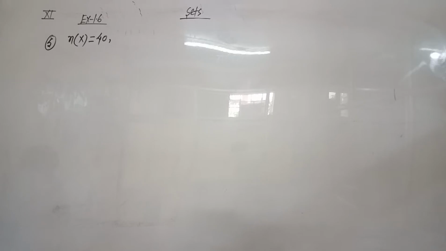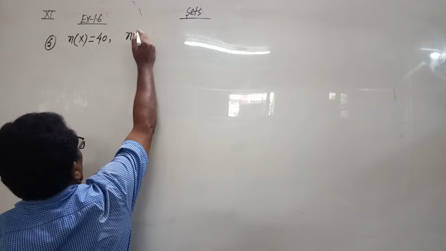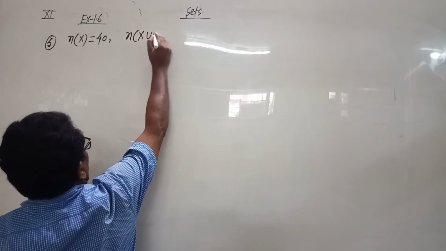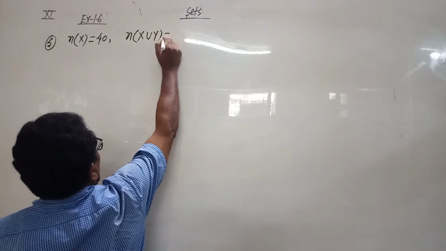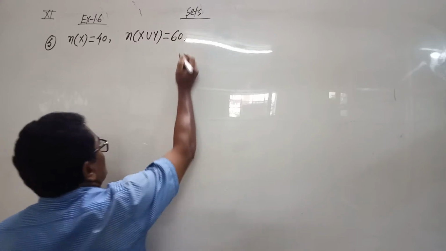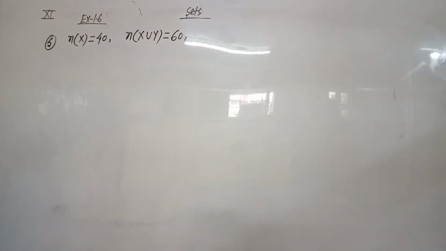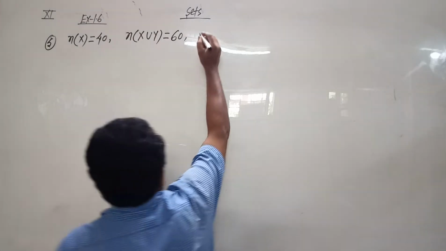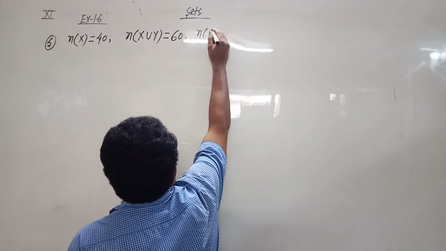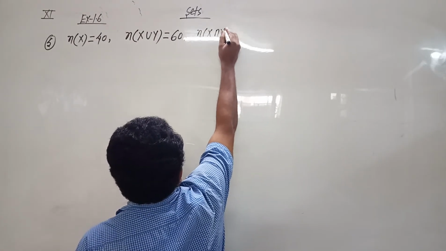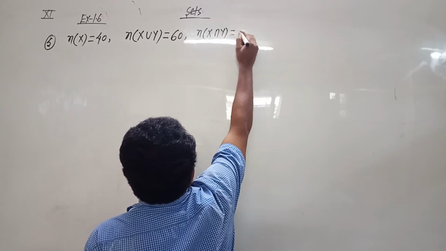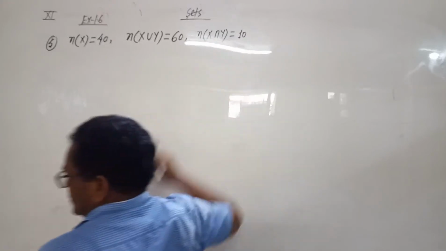X union y has 60 elements, n of x union y equals 60, and x intersection y has 10 elements, n of x intersection y equals 10.